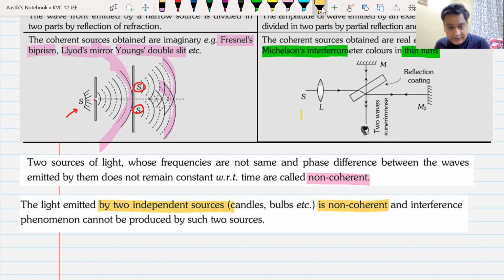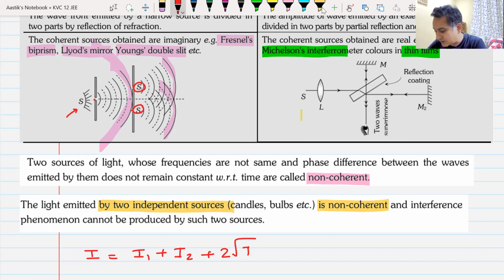Now, we have seen a formula for intensity of the resultant wave, and the formula was I1 plus I2 plus 2 times root over I1 I2 cos phi.